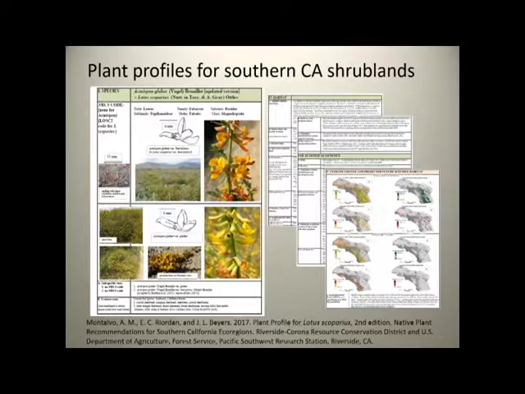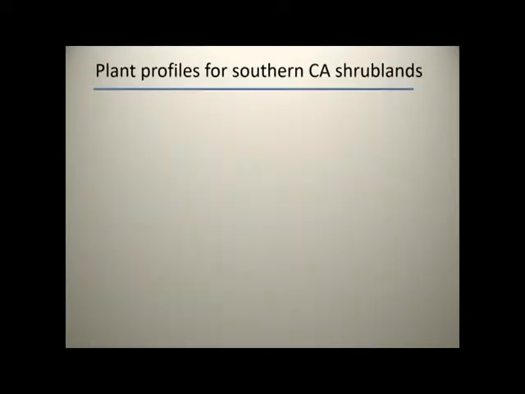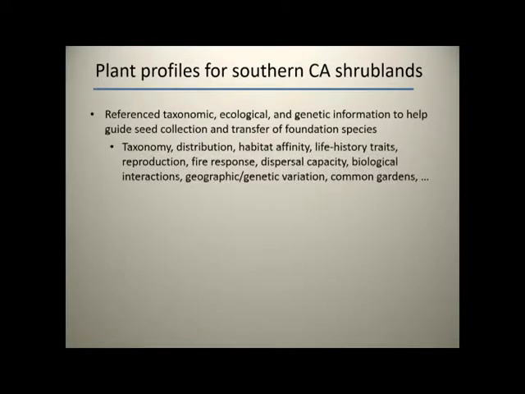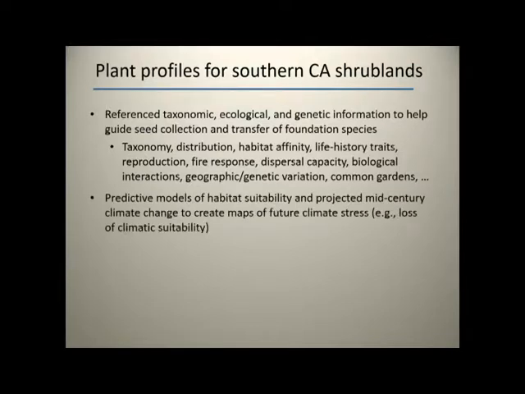We welcome any feedback at this point because we still have a chance to change them. We will be updating more, but they include a lot of really useful information. They are fully referenced, so there's a bibliography and citations for everything that's in there, all about those plants.